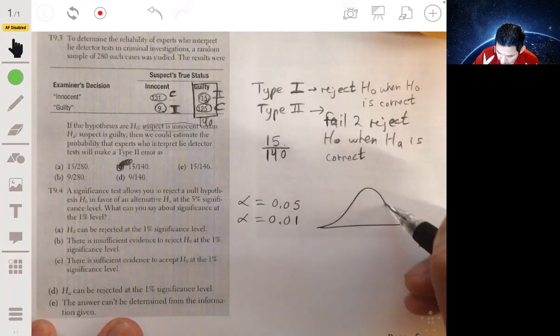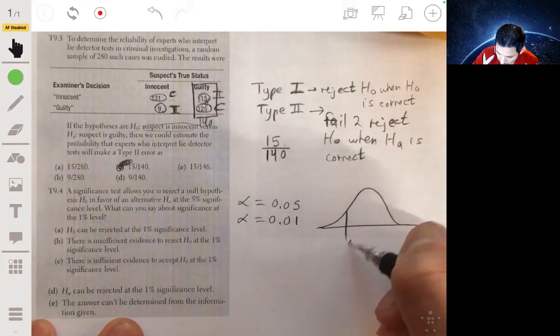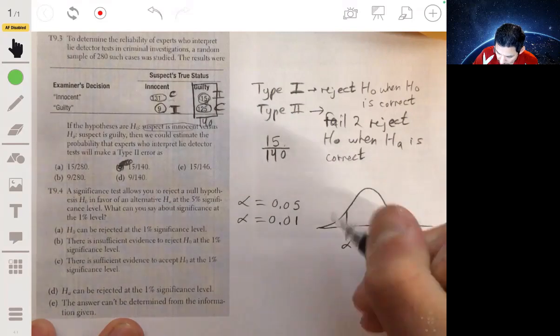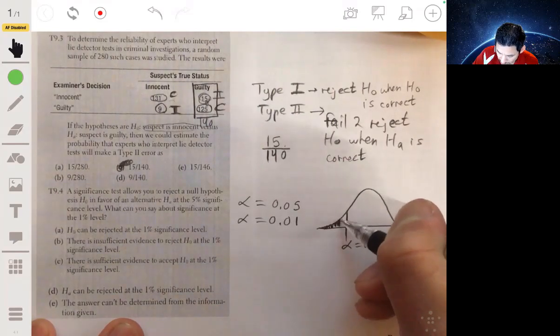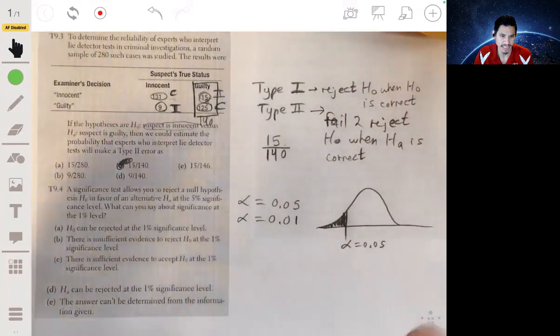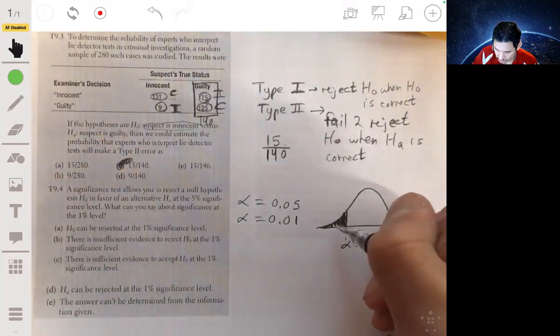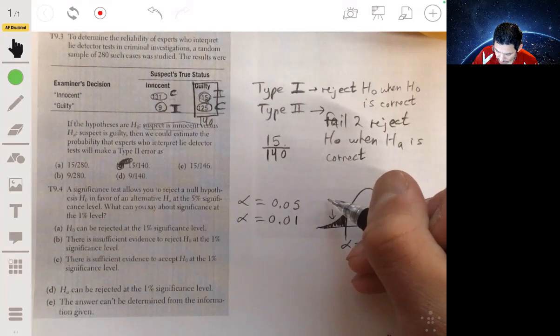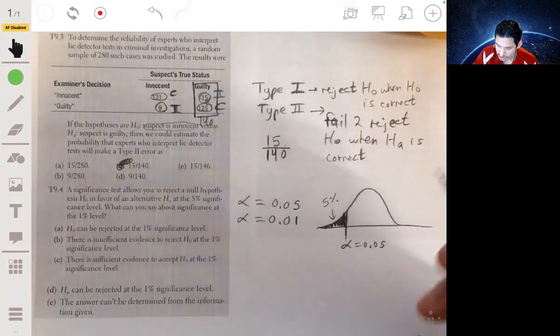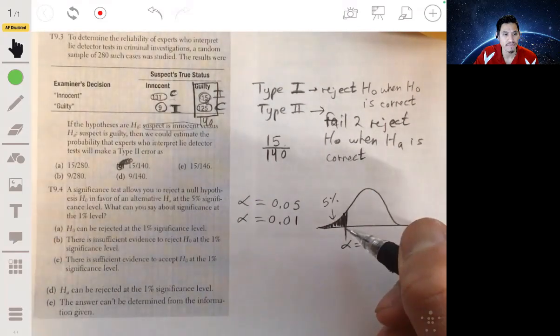Let's just draw a picture, because that's always helpful. Remember our alpha: if it's 0.05, we're saying that, if our alternative is less than in this direction, there's 5% area here. And if we fall in this region, we're going to reject the null hypothesis.